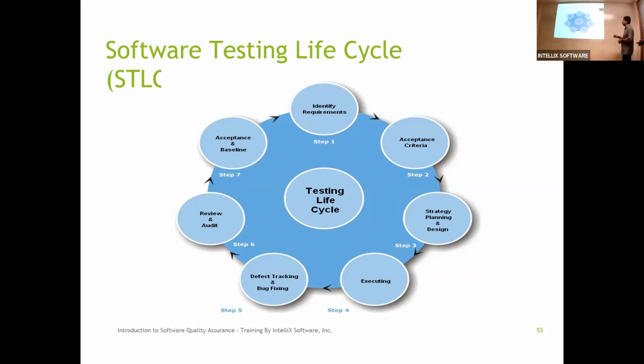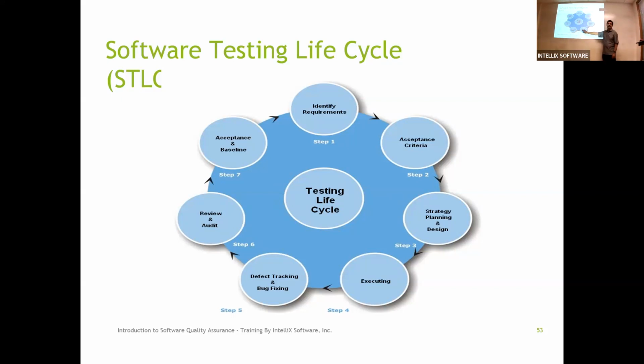Okay. Then you go ahead and do strategy, planning and design. This is where you say, okay, if I need to test that, what are the step-by-step instructions I'm going to follow? Think of it like cooking a meal. You identify what you want for dinner, right? You put together what it looks like when you're done cooking that meal. Then you say, what are my step-by-step recipes going to be?